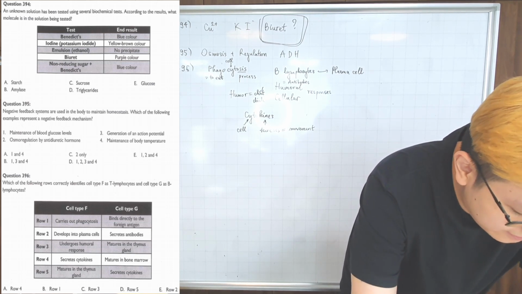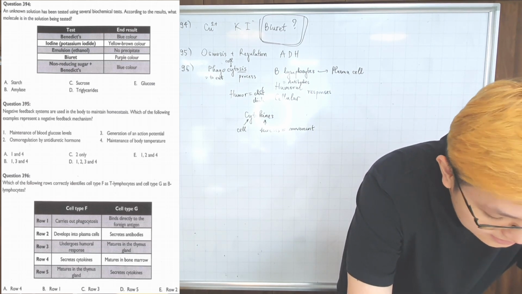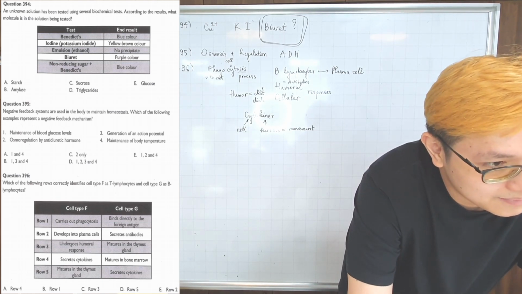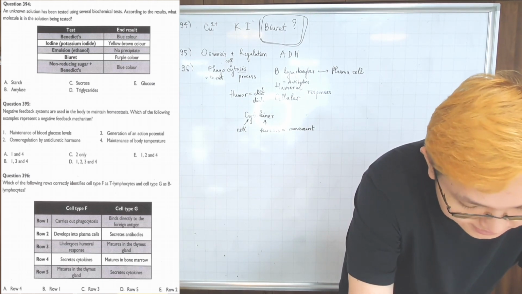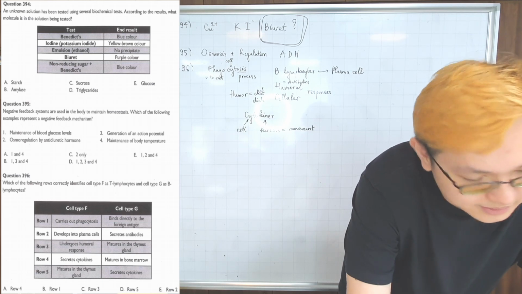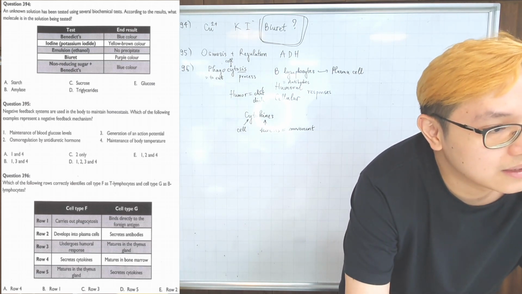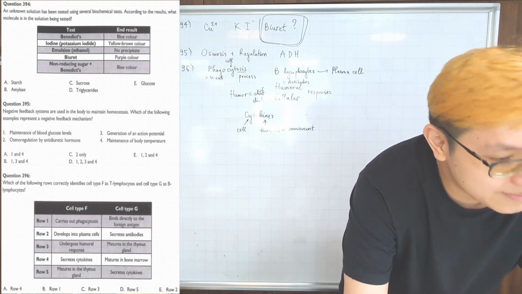Round 5. It's true that T cells mature in the thymus gland, right? But do B cells secrete cytokines? No, they don't. They secrete antibodies.